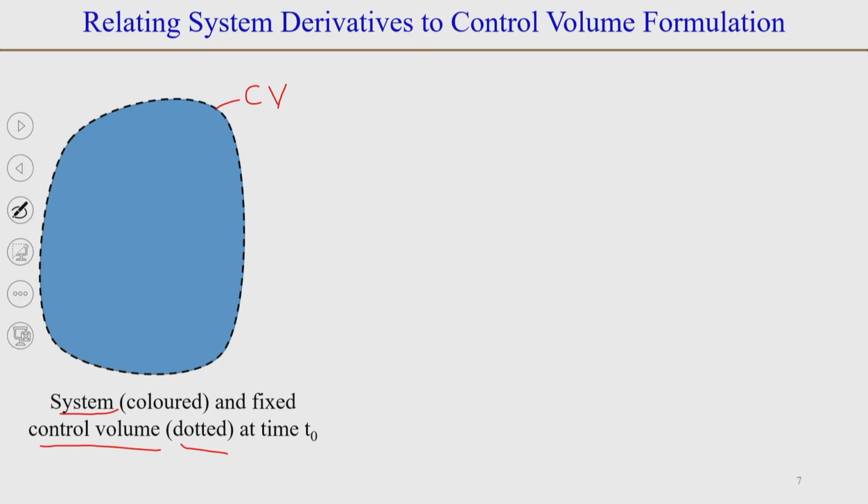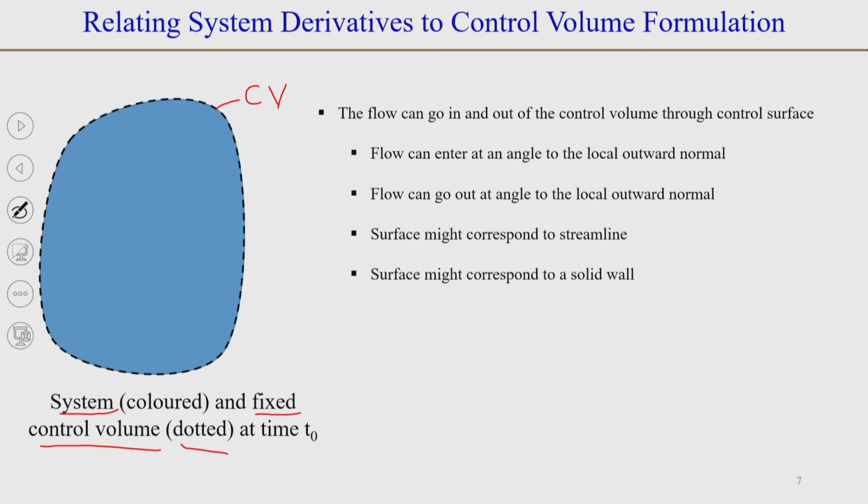The system is going to move if the fluid is moving, but our control volume is fixed. Now, because the flow is free, it can come in and go out of this control volume. So, the surface of this control volume, all this dotted line, is what we call the control surface, CS.